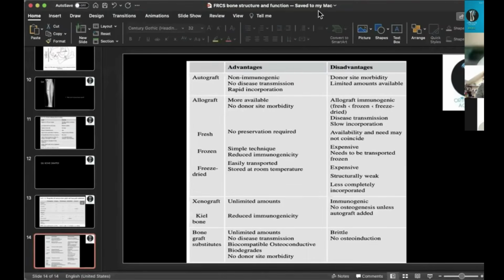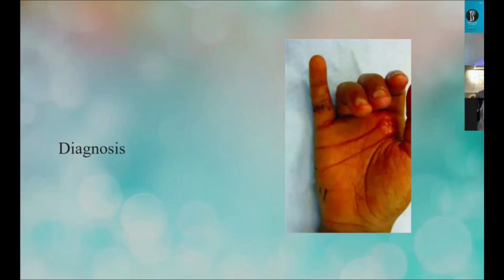There are some questions. This picture, okay, what can you see? Okay, so this is a clinical picture from the volar aspect. I can see an attempt at repair of a possible tendon injury in the little finger.